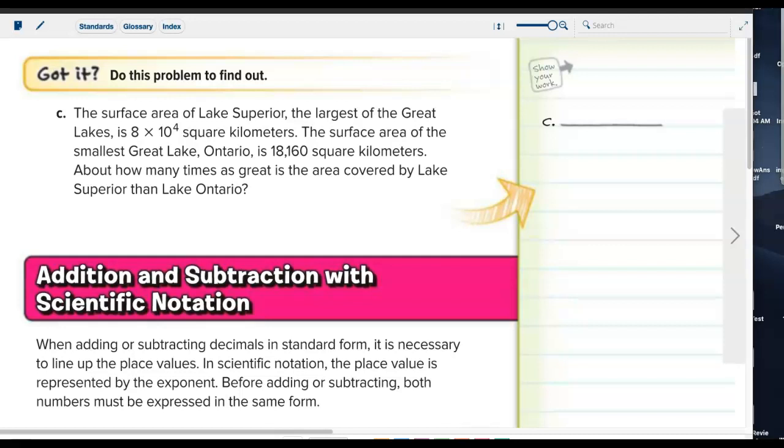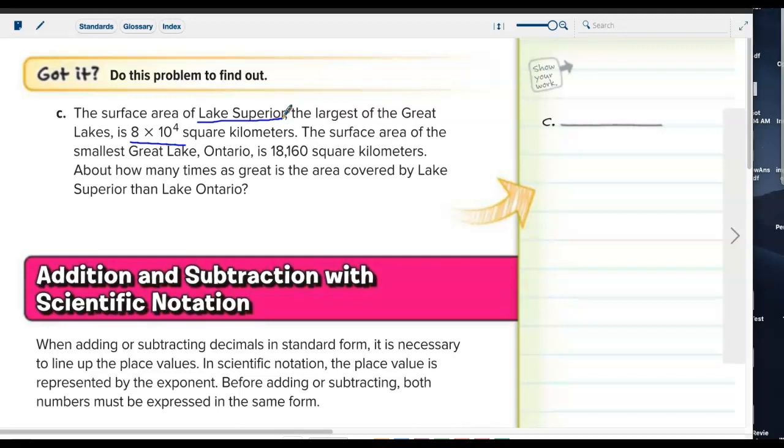Okay, so what do I need to know? Haley? And what lake does that go with? Lake Superior, because it says Lake Superior, which is the largest Great Lake, has 8 times 10 to the 4th square kilometers for area, surface area. What else do we need to know? Dan?